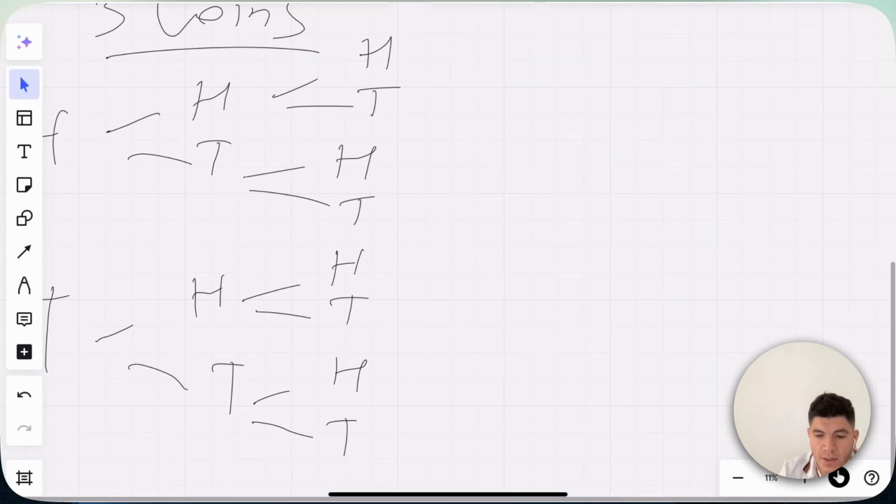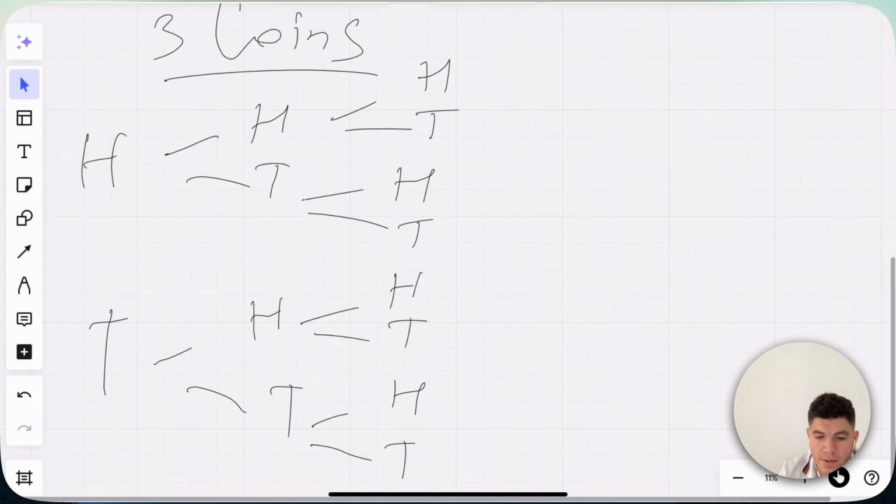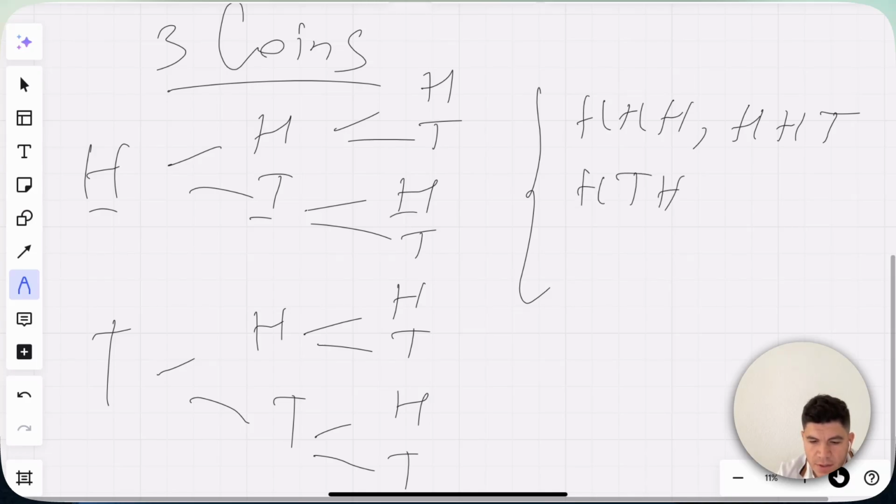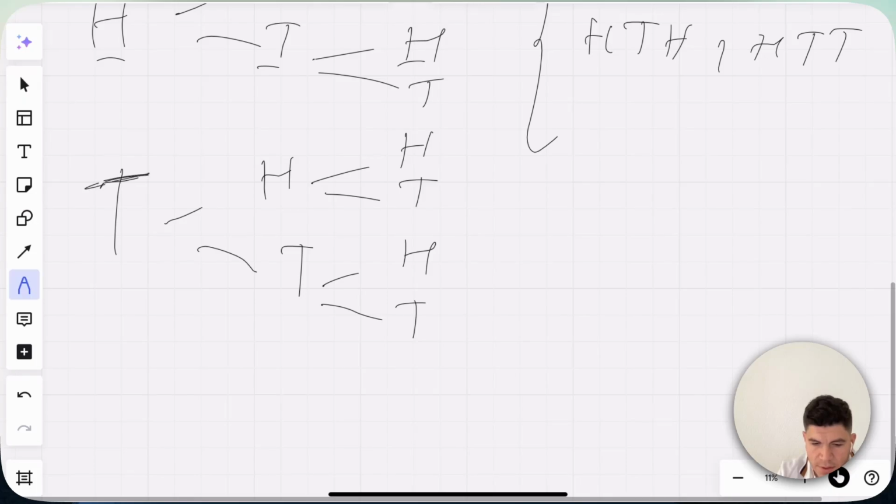When we start constructing our sample space, what results are we getting?